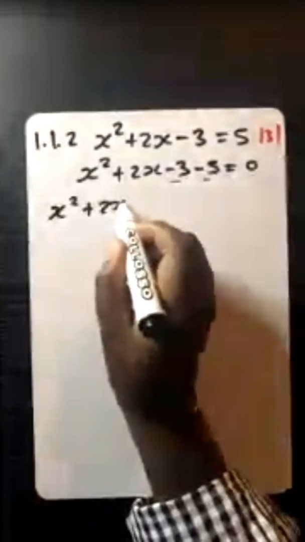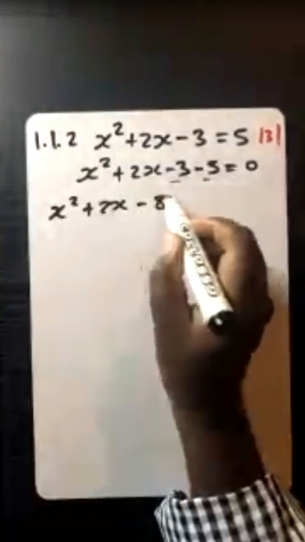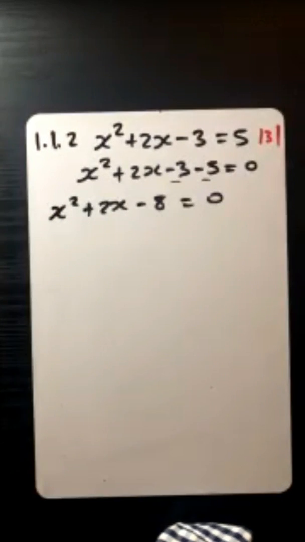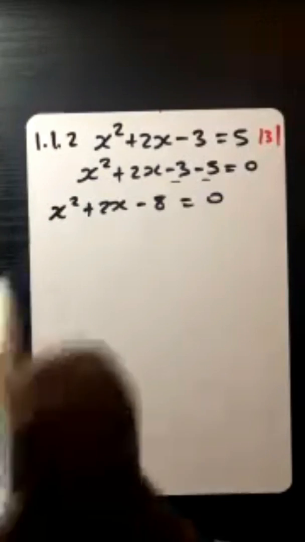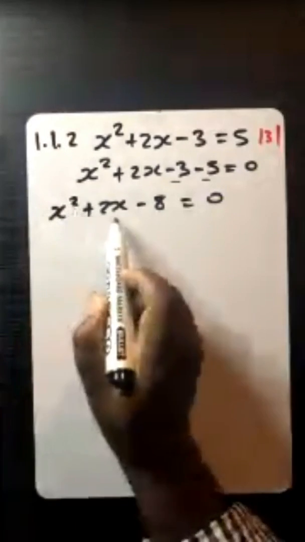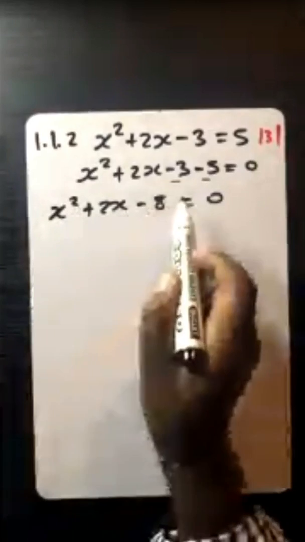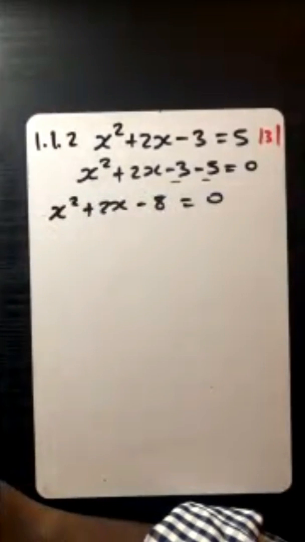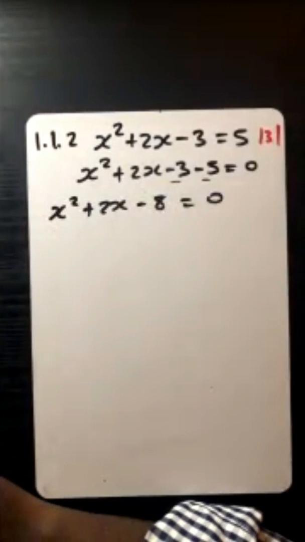So that means I've got x squared plus 2x minus 8, and it's equal to 0. So ladies and gentlemen, it's now in the standard form. Why? Because I've got a positive a value. It's in that order of x squared, x, and a constant. And most importantly, the whole of that is equated to 0, which means it's in the standard form.